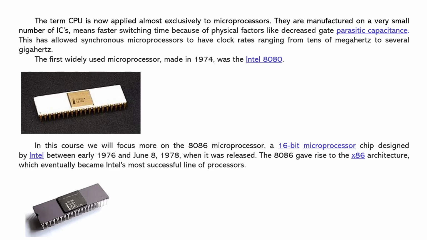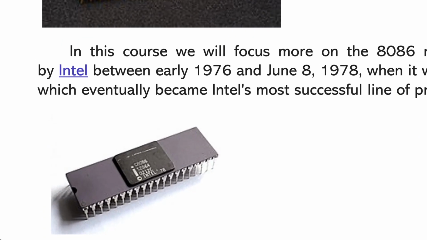The 8086 gave rise to the x86 architecture, which eventually became Intel's most successful line of processors. And you can see here at the bottom of the page just how an Intel 8086 microprocessor looks. Again, lots of pins on either side, and the processor is in the center.